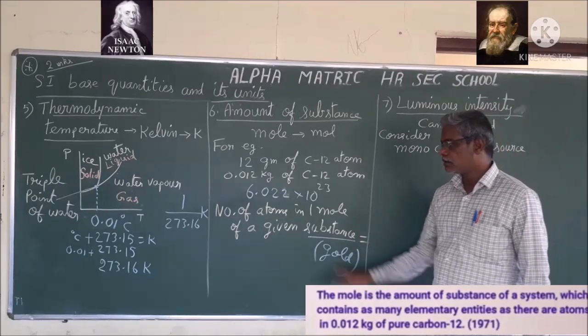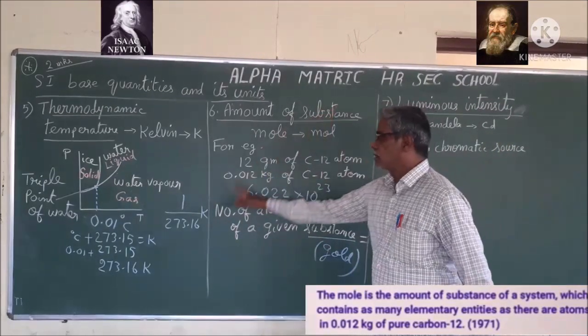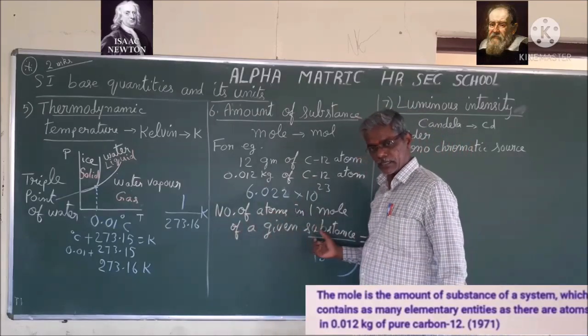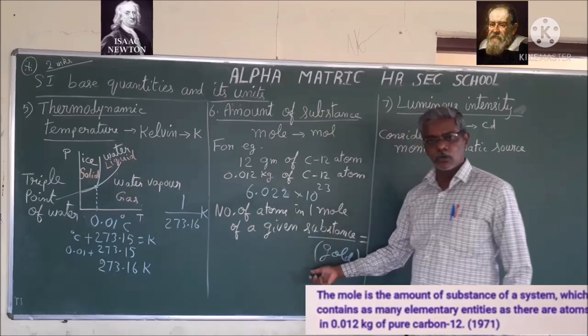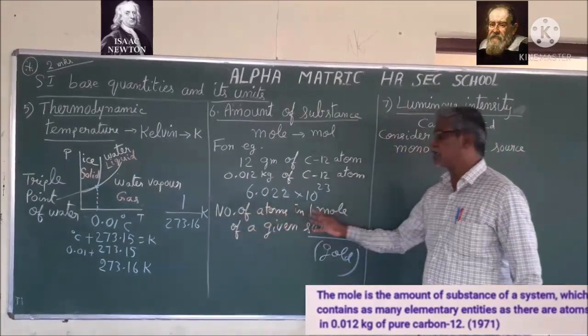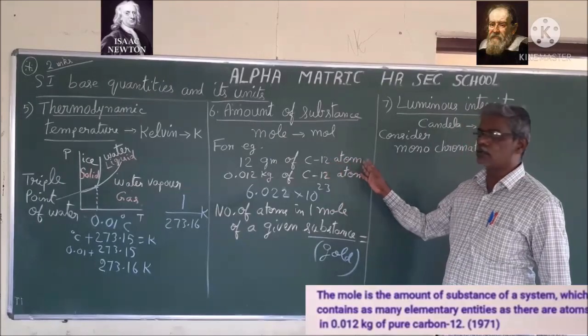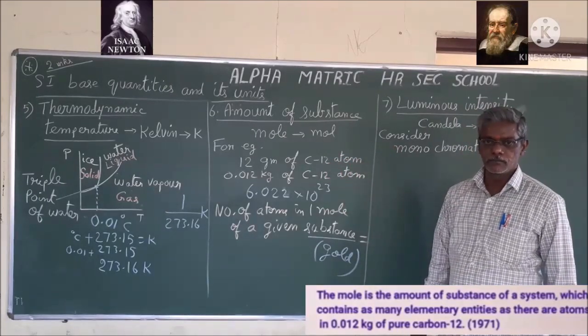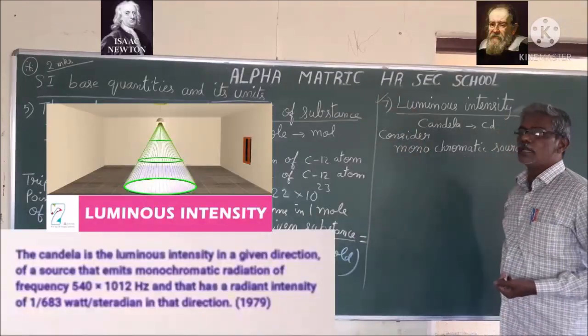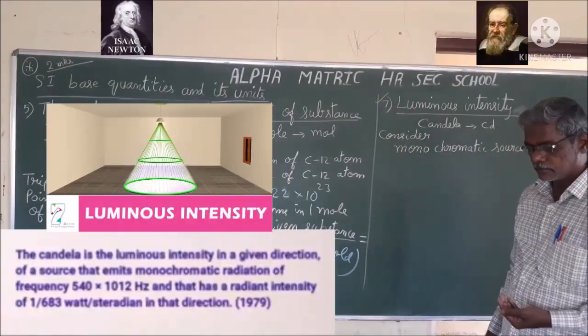I will repeat. The number of atoms in 1 mole of a given substance, for example gold, is equal to the number of atoms in 1 mole of carbon 12 atoms. Understood?